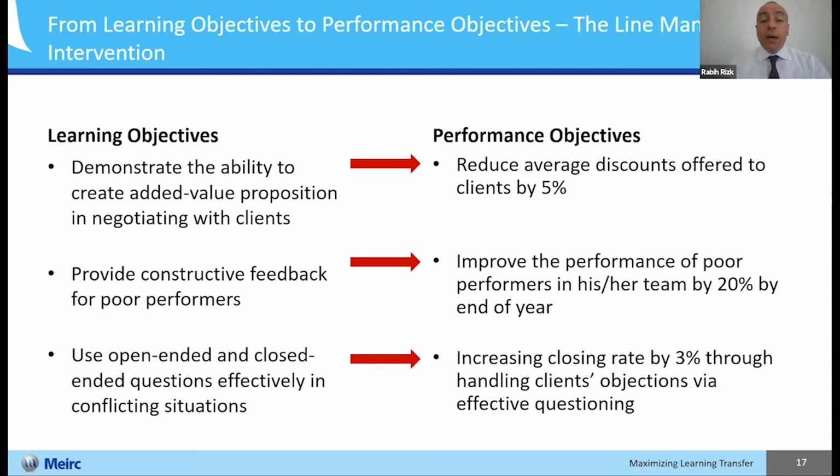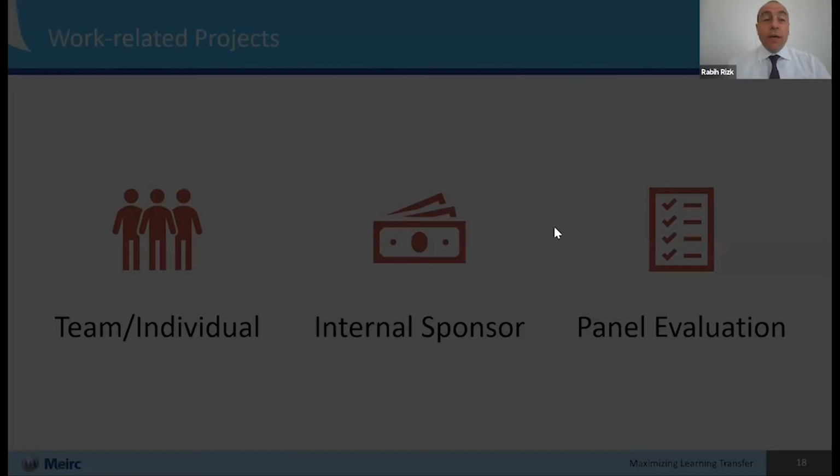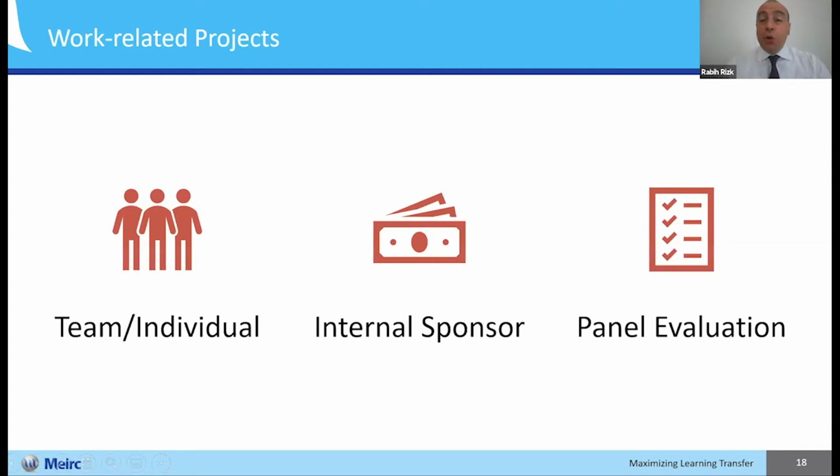The second tool I would recommend is to design work-related projects that employees or attendees would implement after the training itself. I've done this so many times.